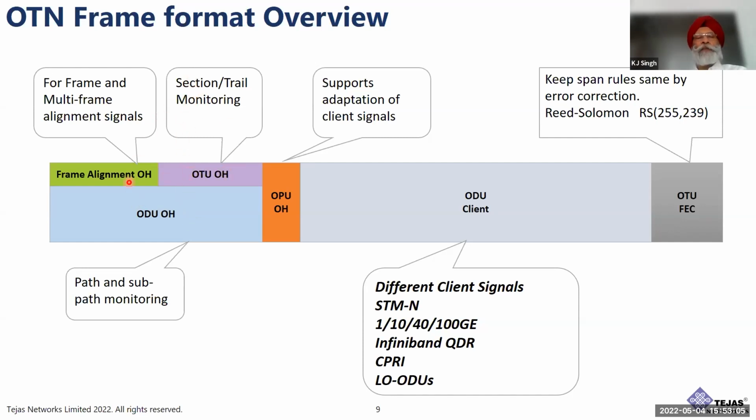And those alarms are indicated in this part of the frame, right? So you know that there is an alarm. So if there is an alternate path, you can try to switch to that, right? So I think this is important in a transport network because any impairment in the transport network needs to be known to the higher layers so that they can take corrective action.